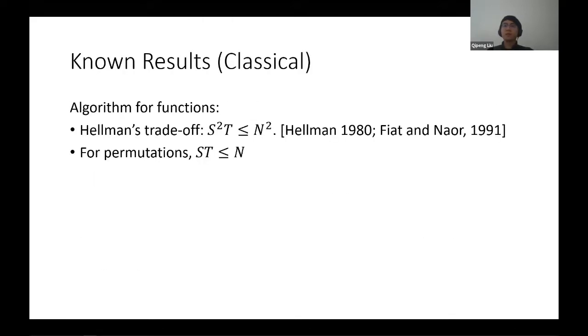Let's first look at the classical results. The classical algorithm called Hellman's trade-off achieves the trade-off s squared t less than n squared for functions. In other words, if s bits of advice are allowed, the number of queries to do function inversion with constant probability is roughly n squared over s squared. The same algorithm achieves the trade-off st less than n for permutations.